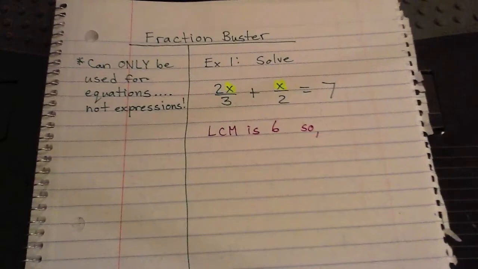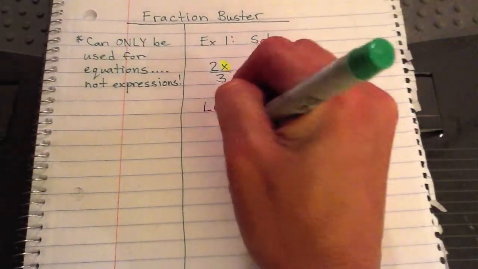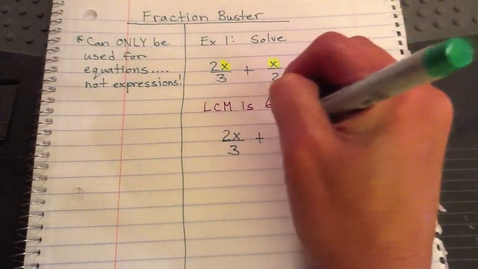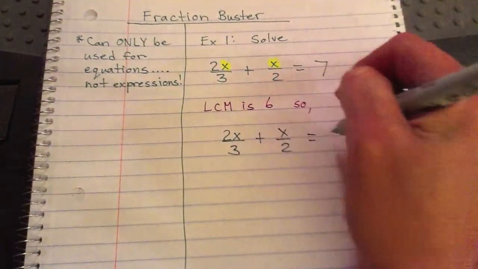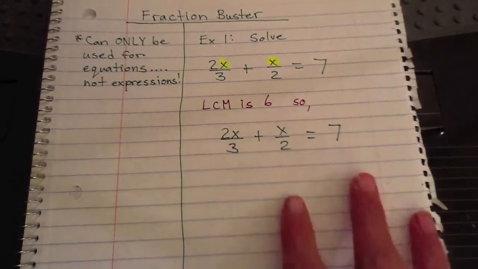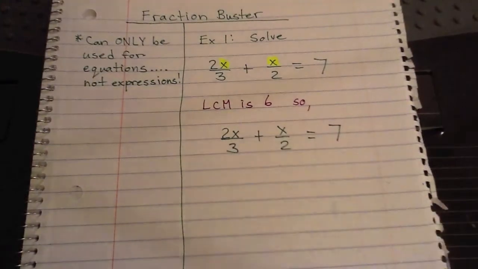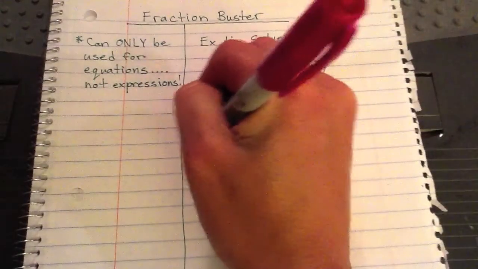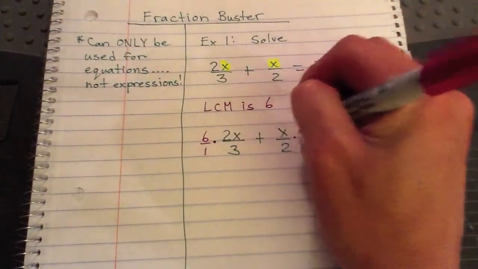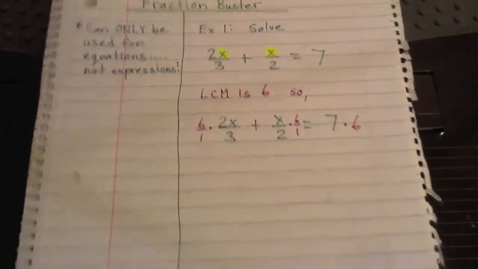So I'm going to rewrite the equation in green again so you can kind of see what happens here. So I have 2x over 3 plus x over 2 equals 7. Every term. There's a term, there's a term, there's a term. So I'm going to multiply this by 6 over 1, I'm going to multiply this by 6 over 1, and I'm going to multiply this by 6 over 1.